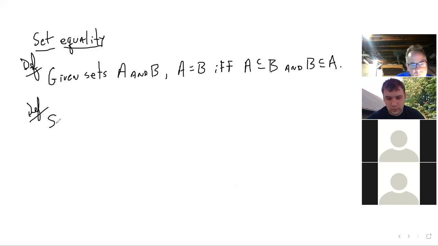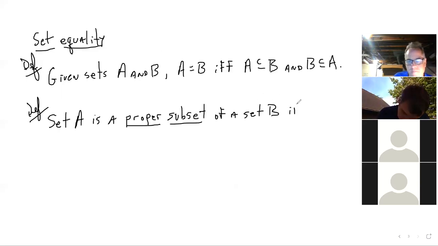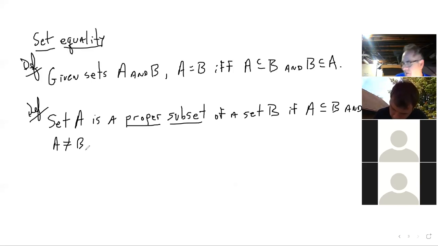So if I have some set A, we're going to say set A is a proper subset of the set B if first A is a subset of B, all the elements of A are in B, and A does not equal B. So what that says is B has something A doesn't have, something beyond the elements of A.